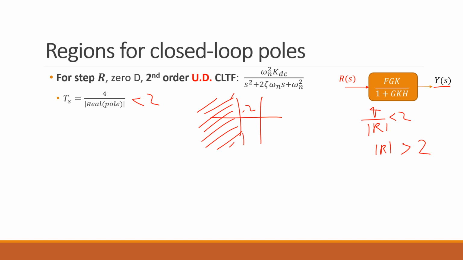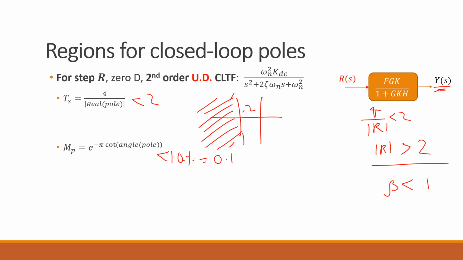Similarly, if you have a requirement for overshoot, let's say you want the overshoot in the output to be less than 10%, then using this formula, Mp being less than 10%, which is 10 divided by 100, so 0.1. So if you want Mp to be less than 0.1, this will boil down to some relationship of the angle being less than some number.